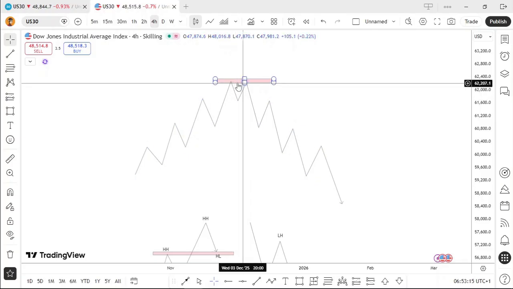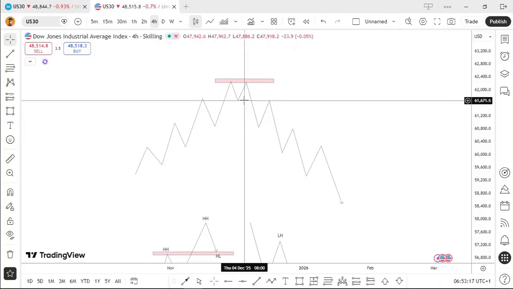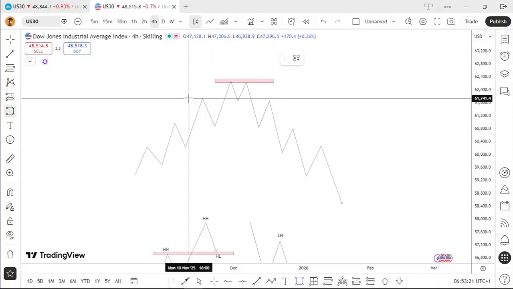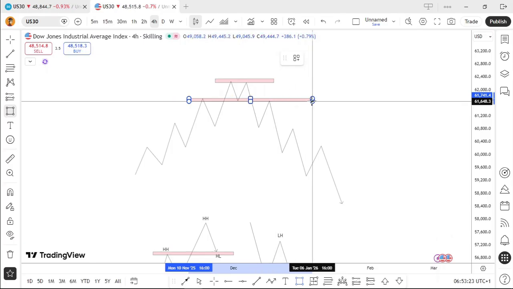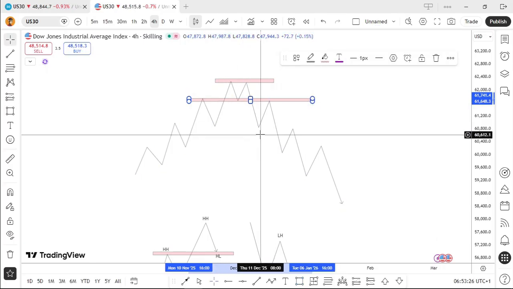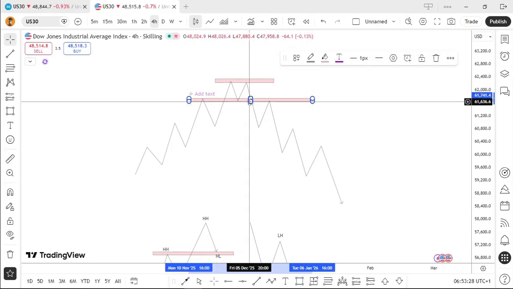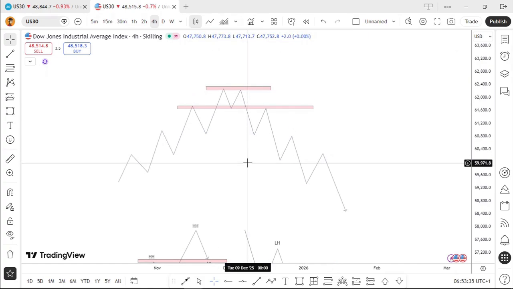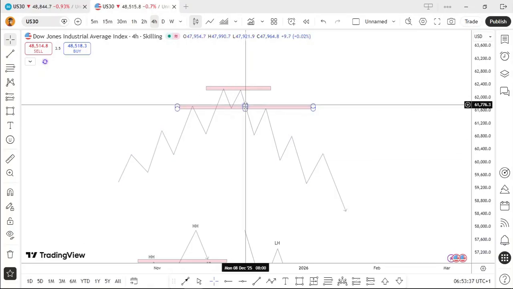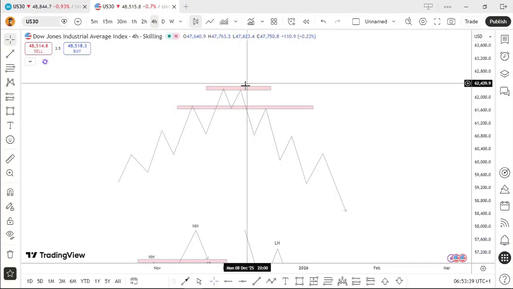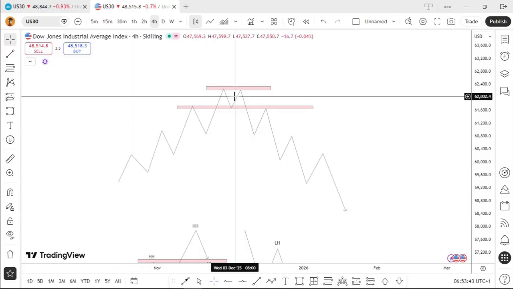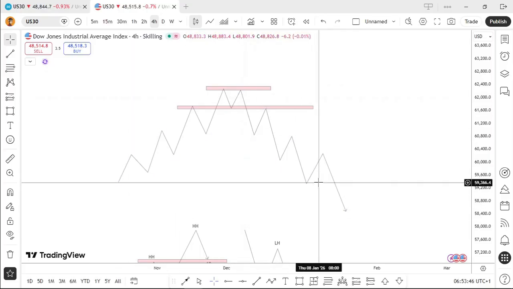So after creating those equal highs, the market now came to this place and broke this structure. This place here is a structure point. So the market came down and broke this structure. By breaking this structure, it's telling you that the trend wants to turn, from uptrend to downtrend, from bullish to bearish.